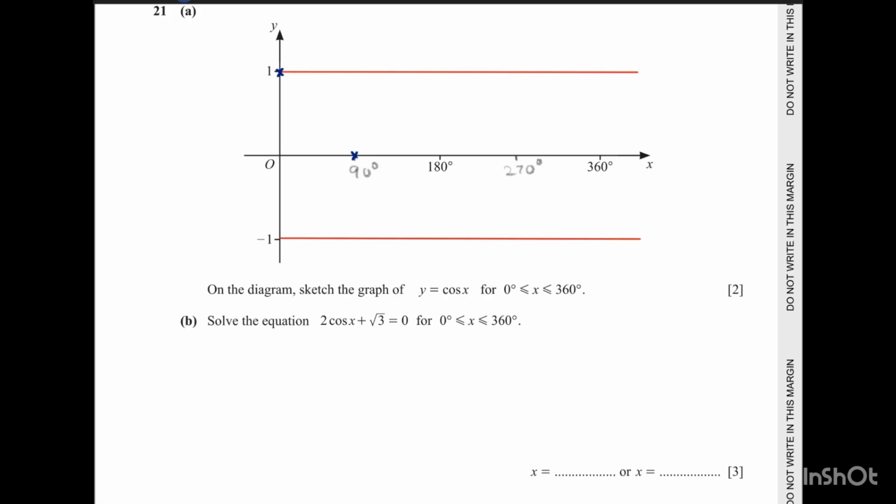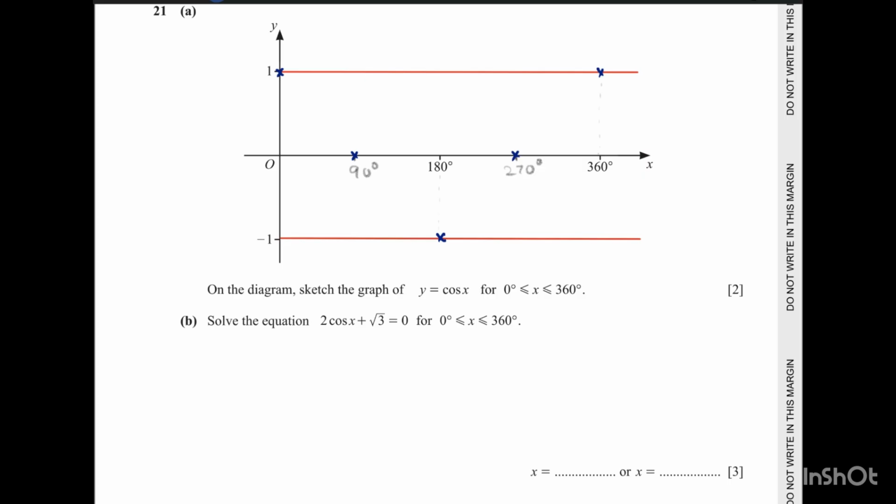Then cos 180 is minus 1, so mark it here. Again cos 360 is 1, and you can take your ruler and mark the 360.